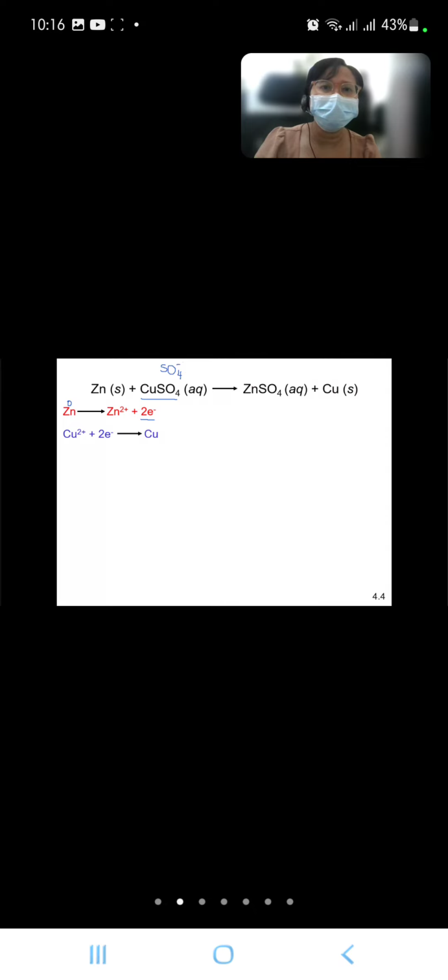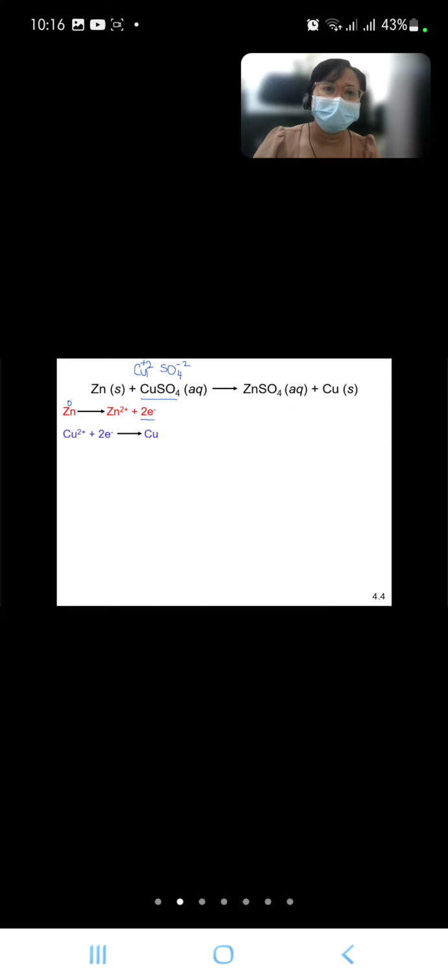Copper has two oxidation states, positive 1 and positive 2. But why is this not positive 1? Why is this positive 2? If you look at their formula, there is no subscript. Copper has no subscript, and sulfate has no subscript either. It means that their subscripts are the same.